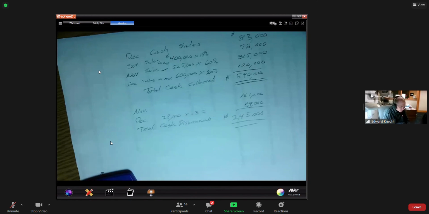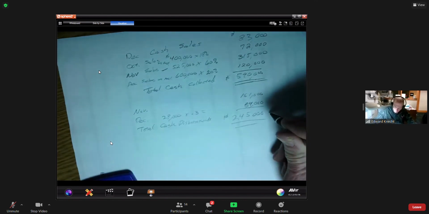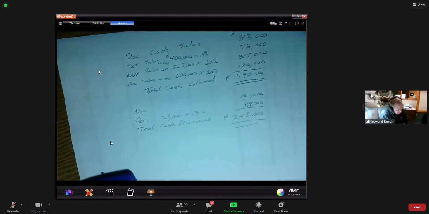And then they have to buy a new web server for $76,000, and then they pay dividends of $9,000. So our disbursements would include our $245,000 for payment for inventory, and then selling administrative expenses, $380,000.